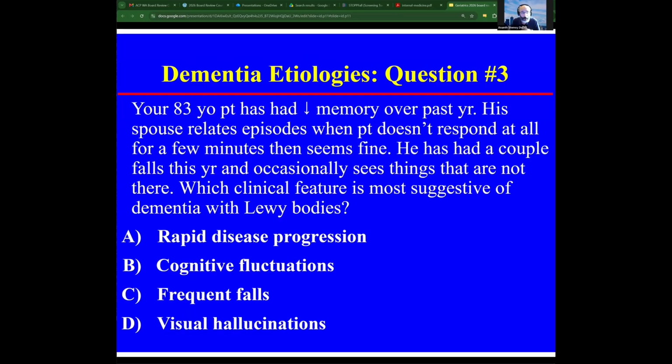He has also had a couple of falls this year, and occasionally he sees things that are not there. What clinical feature that's described here is most suggestive of dementia with Lewy bodies? So Lewy body dementia. Is it rapid disease progression, the cognitive fluctuations, frequent falls, or visual hallucinations?